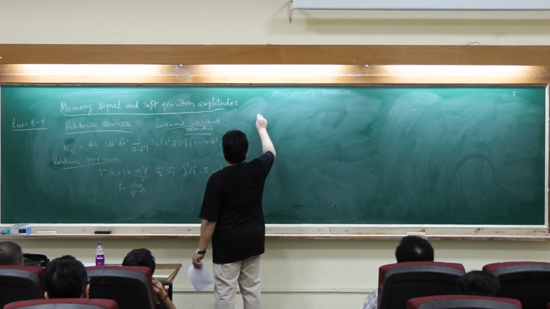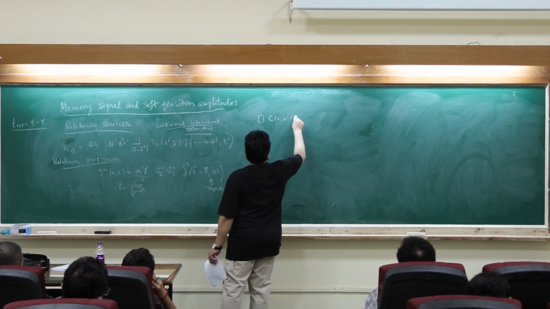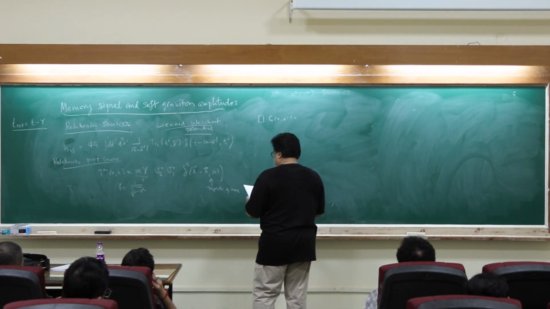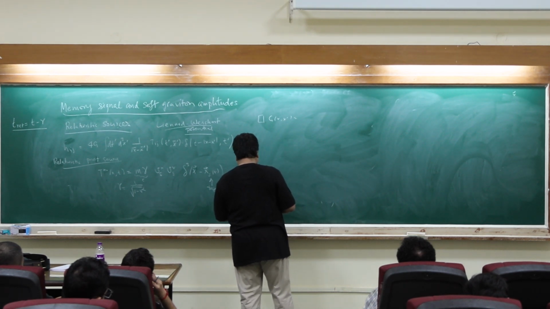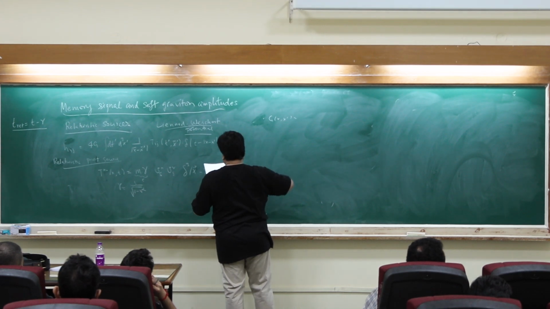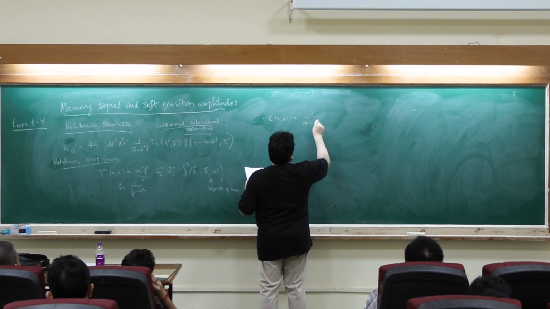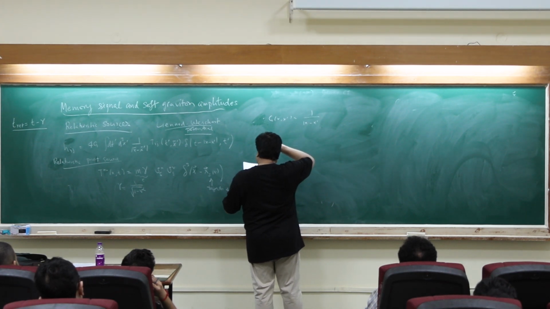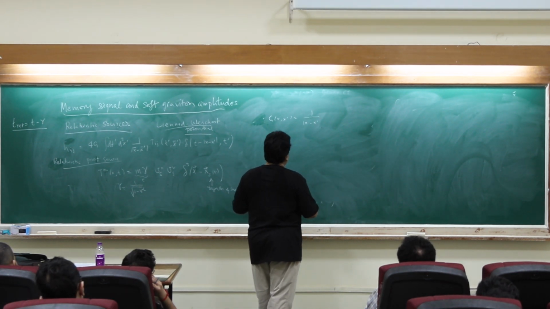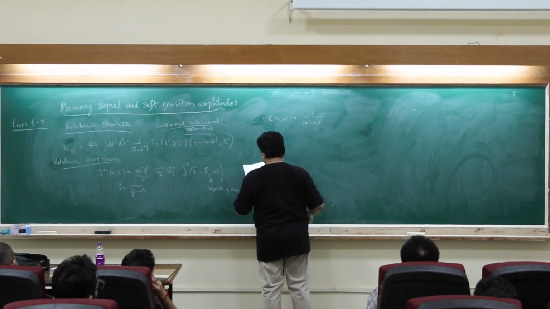So we again calculate the Green's function, which is 1 upon, so x, and I'll write now x of t.